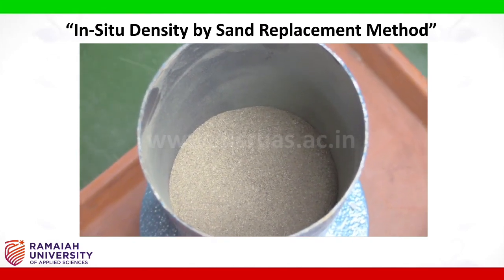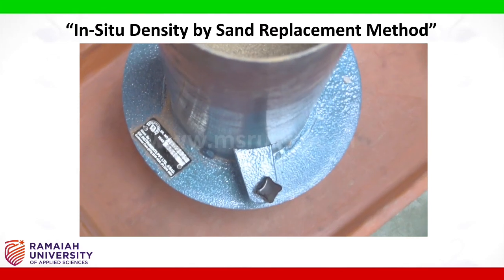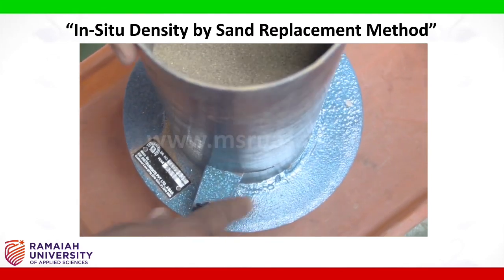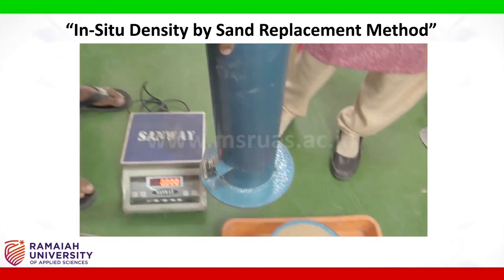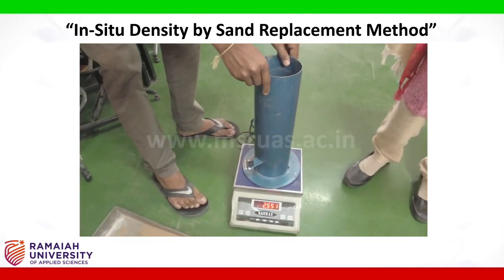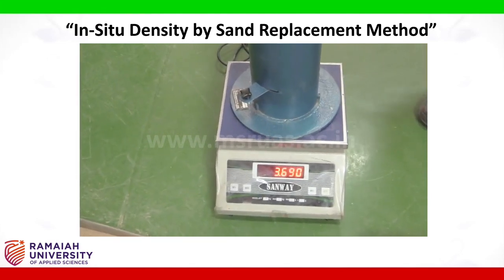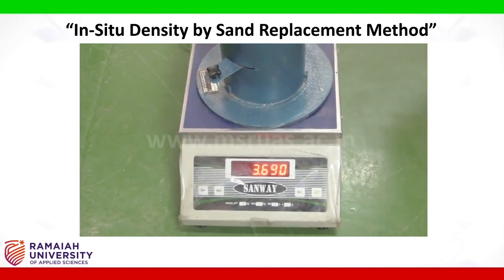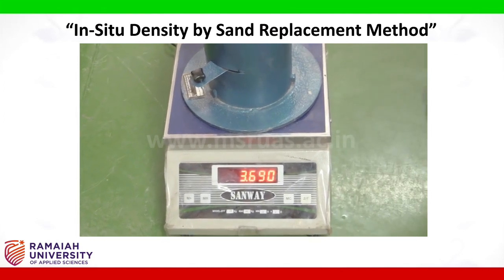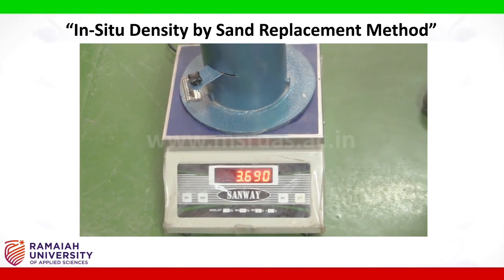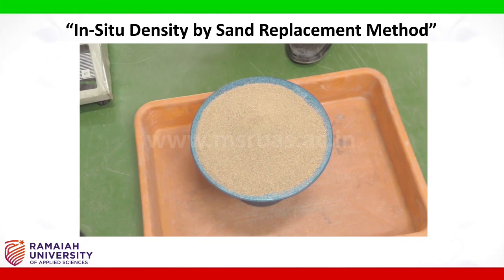Once the movement of the sand stops, close the valve and weigh the sand pouring cylinder. Now, the difference between the initial weight and this weight gives the amount of sand which is required to fill the calibrating container as well as the conical portion on the bottom of the sand pouring cylinder.